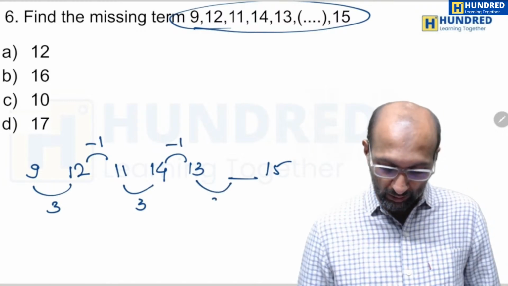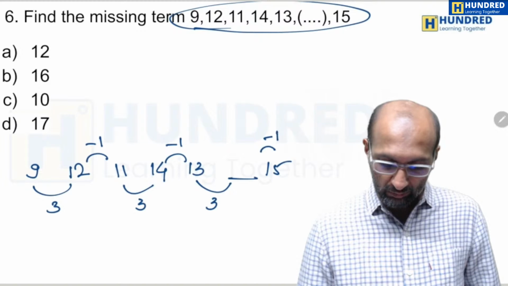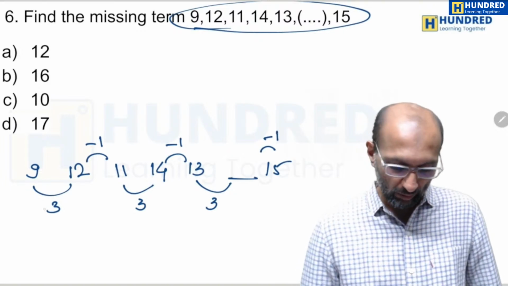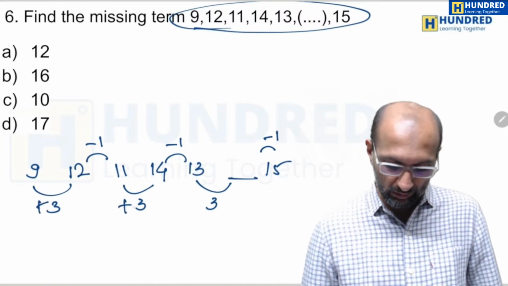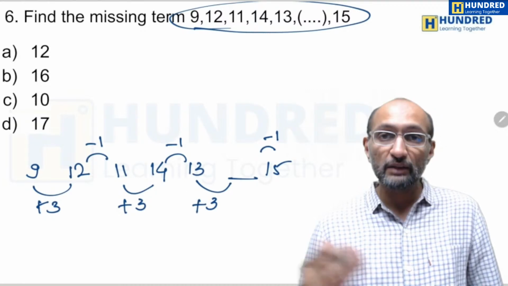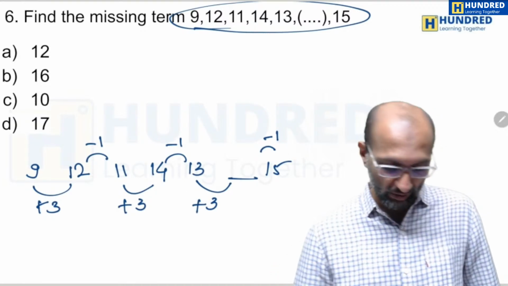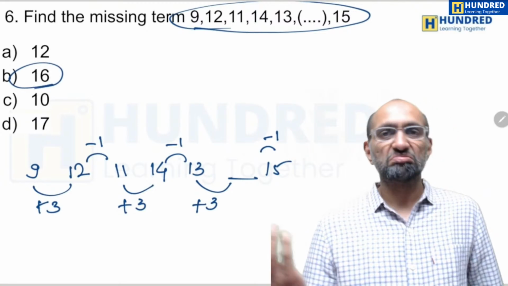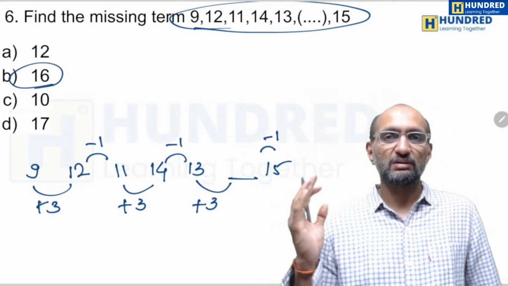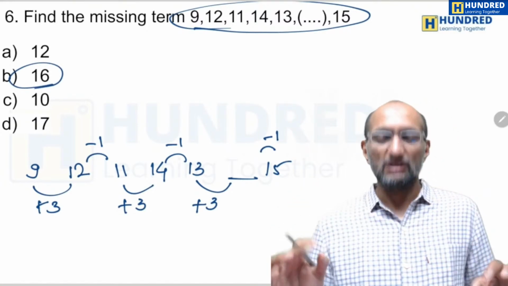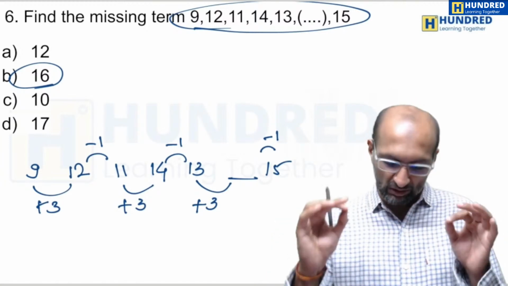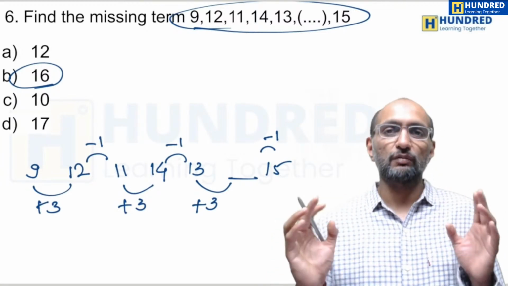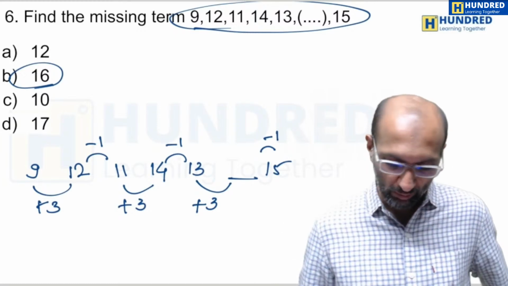What should this be? 3 and minus 1. Correct? What I mean is plus 3 minus 1 plus 3 plus 3. So 13 plus 3, 16 minus 1 is 15. Simple. Okay. No tension. In these problems, there has to be a pattern and then you solve. Okay? Very good. Let's go ahead.